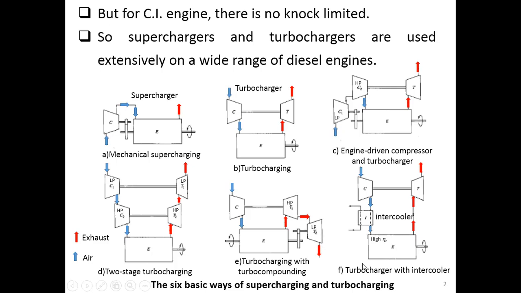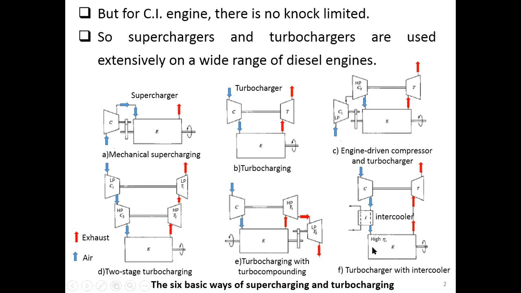Okay. The last configuration is the turbocharger with intercooler, where we add one more device, called an intercooler here, in order to reduce the temperature of the air before inducting it into the engine. The reason is because we want a high volumetric efficiency.